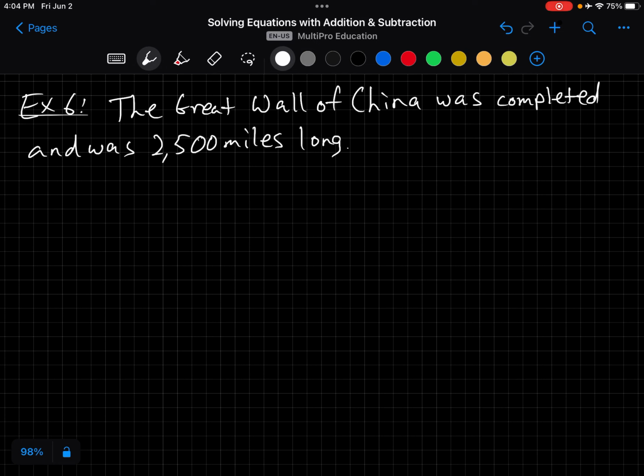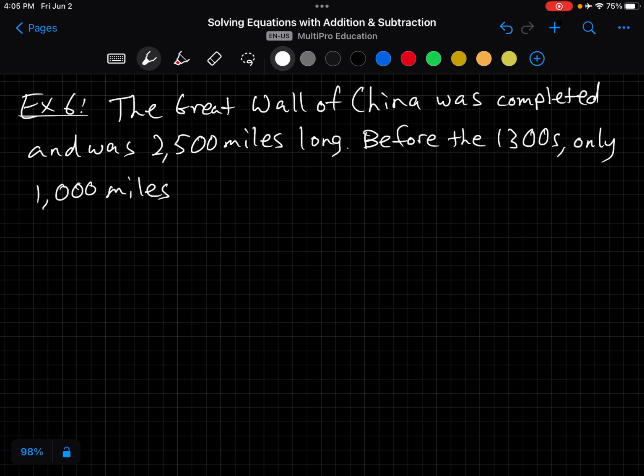I don't know if I've ever seen a wall that long in person. All right, so before the 1300s, only 1,000 miles were complete. Okay, so only part of it.